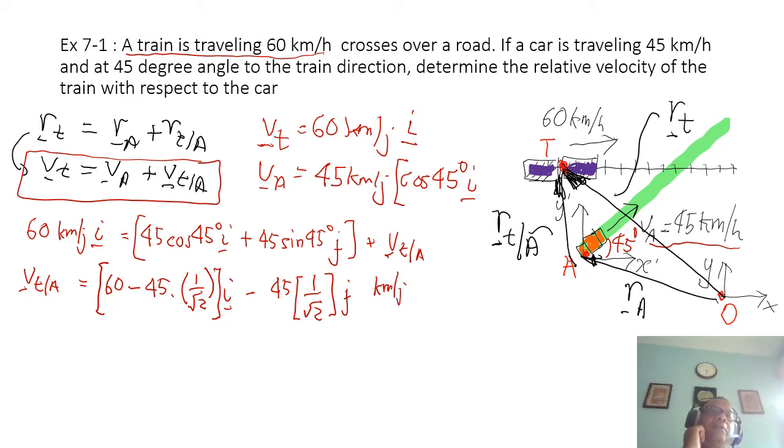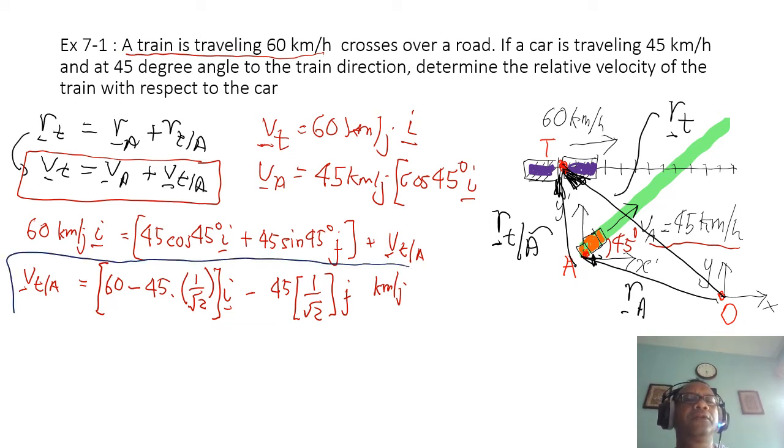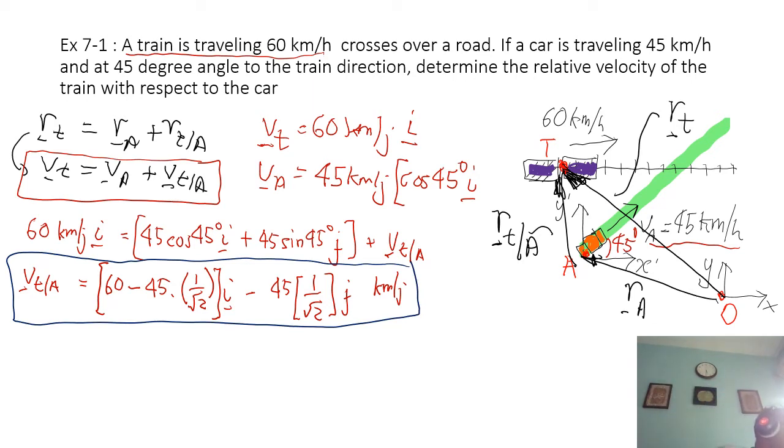So that is the vector for the velocity of the train relative to the car. Do we need to find the acceleration of the train? No, we don't have to. So that will be the answer for this question.